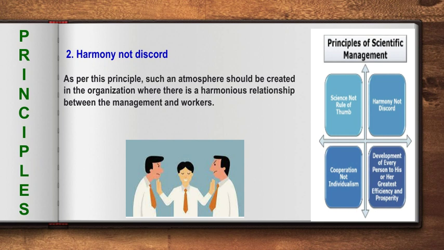As a result, the organization should undergo a mental revolution to change how both groups perceive each other. Mental revolution is where they both focus on cooperating and working with each other instead of competing with each other.